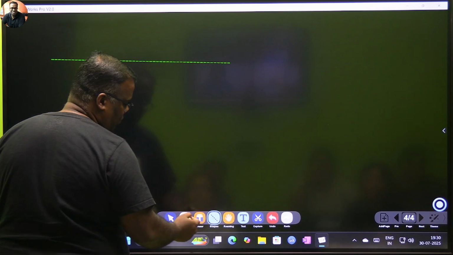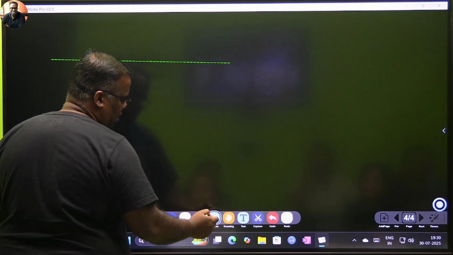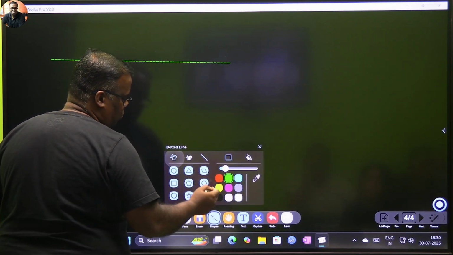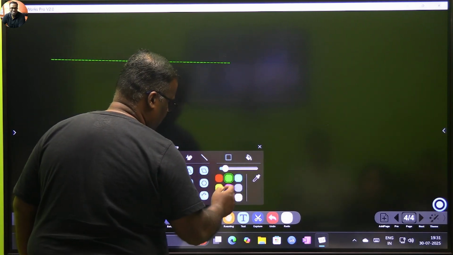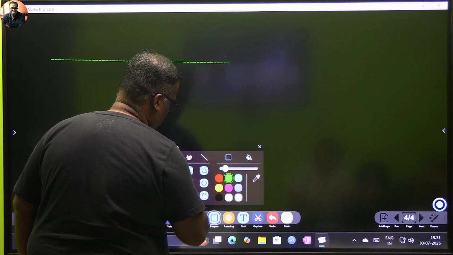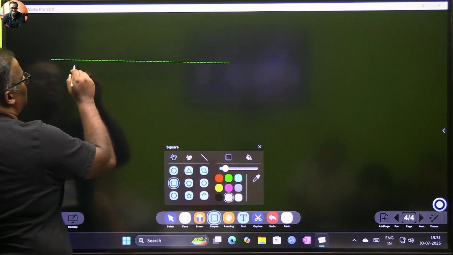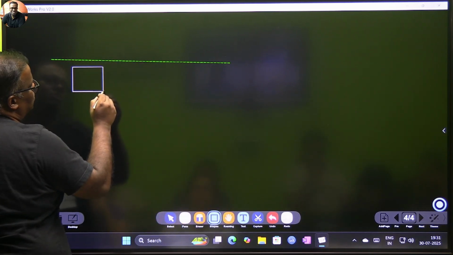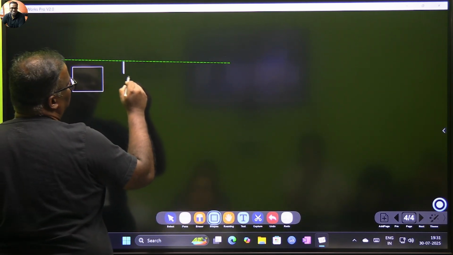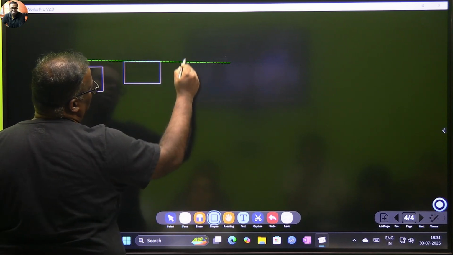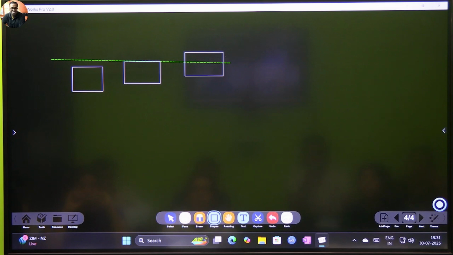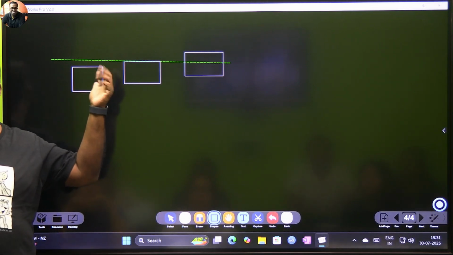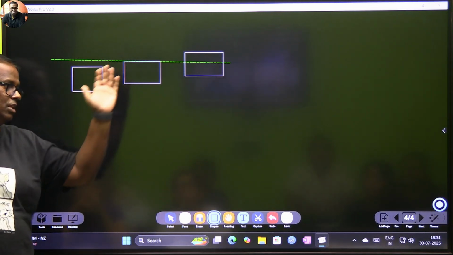And now I have an object which is partially submerged into this liquid, right? Let's take the two scenarios once again. I have an object which is in this manner. I have an object which is in this manner. And I have an object which is in this manner. This is the most easy thing where it is completely submerged. This is submerged at the top.